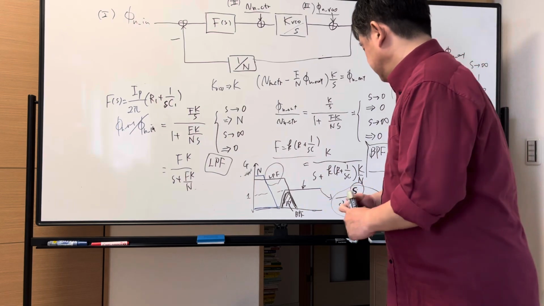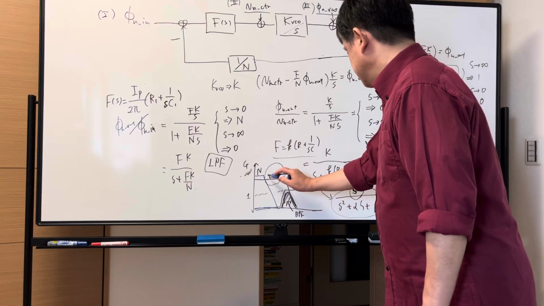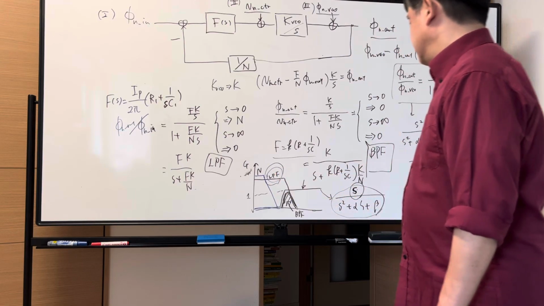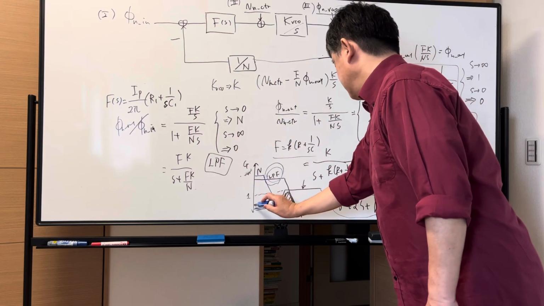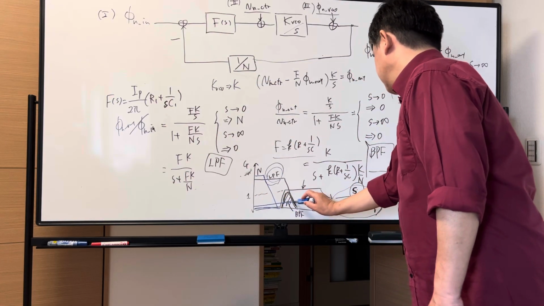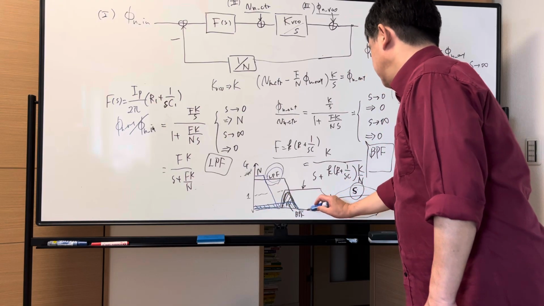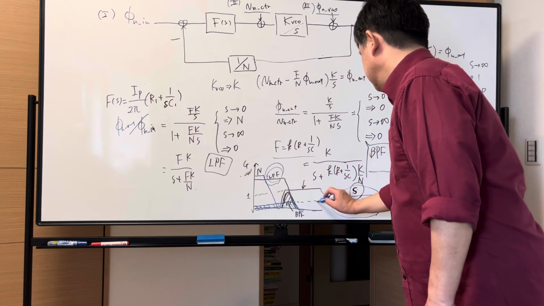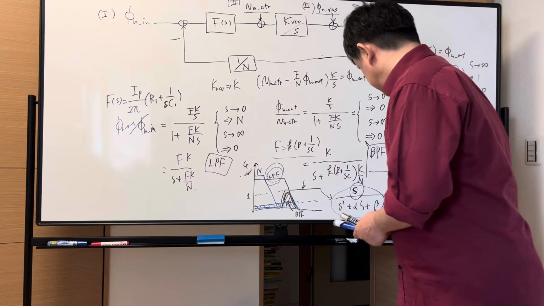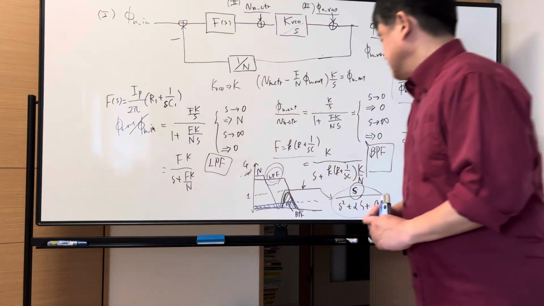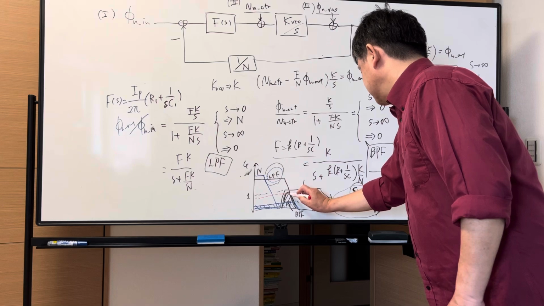But at the same time, we need this low pass filter to cancel out the input phase noise. If input phase noise is like this, we can suppress this in the stop band.